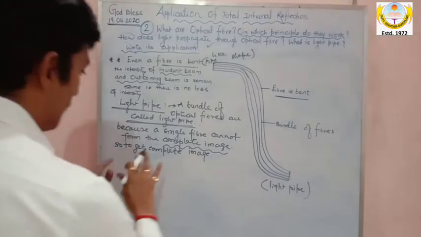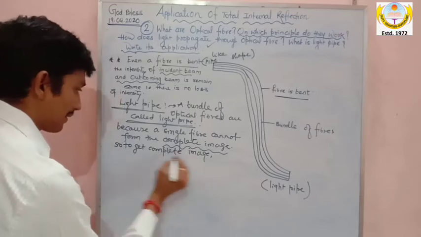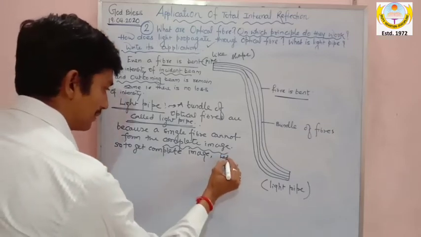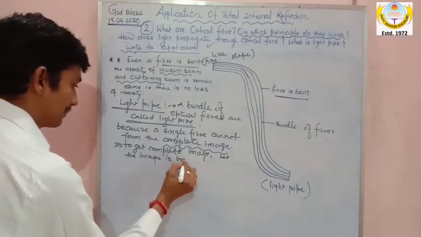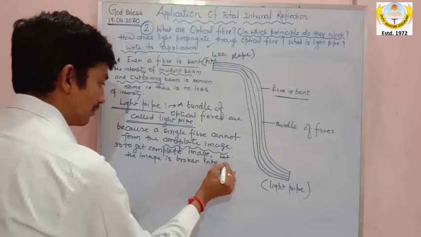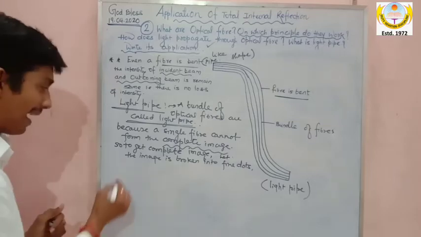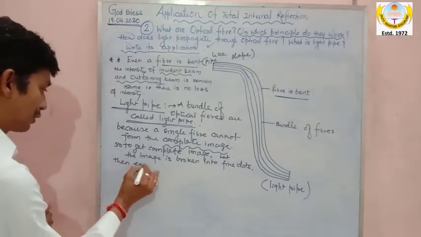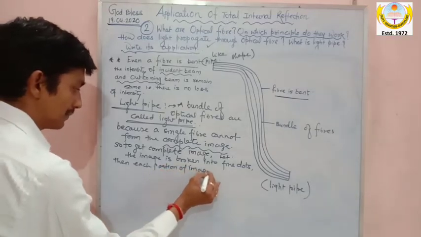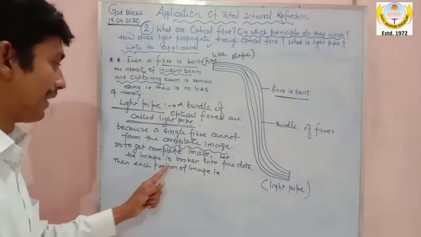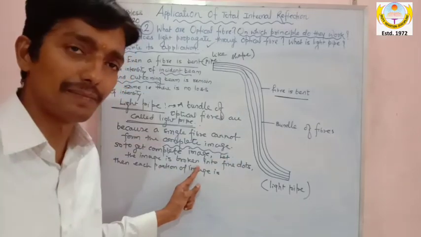So to get the complete image, my dear, let the image be broken into fine dots, and then each portion of the image is observed separately.